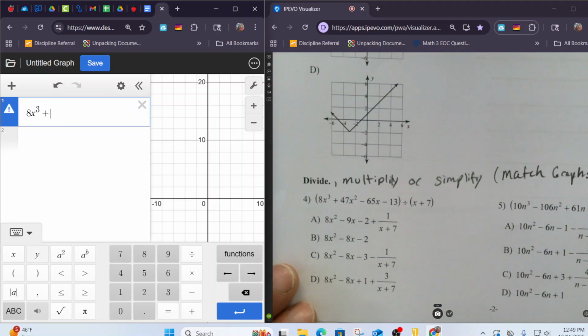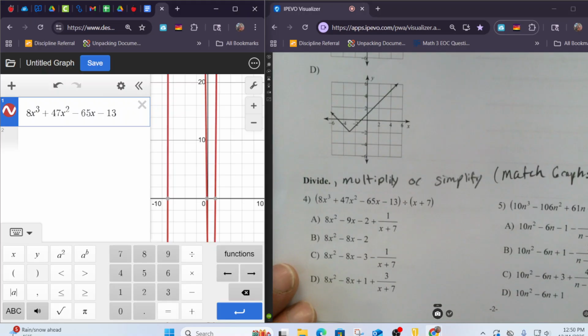Wait, would you not type in y equals? Not necessarily. I mean, you could if you wanted to. I forgot my division. It's best to start a division bar first, but that's okay.